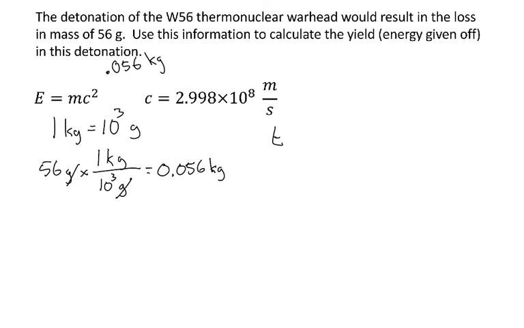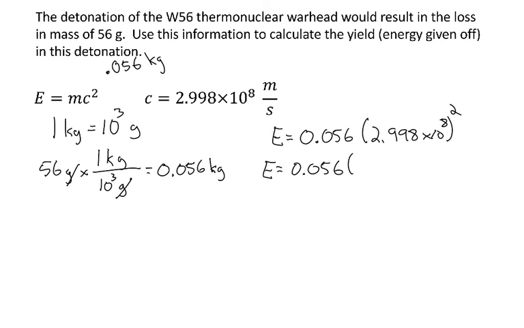So we have E equals 0.056 times the speed of light. Remember to square it. All right, so you could just punch all this into your calculator, but I'll work it out in 2 steps. First, I'll square the speed of light. And again, I get 8.988 times 10 to the 16.